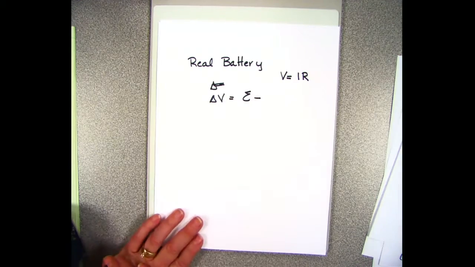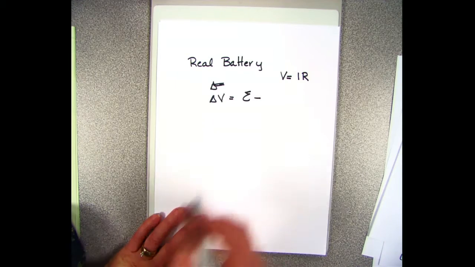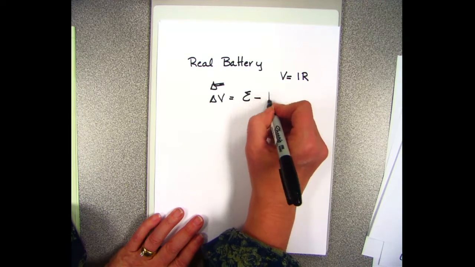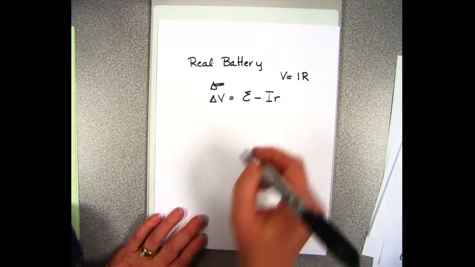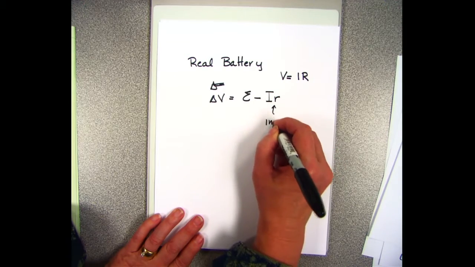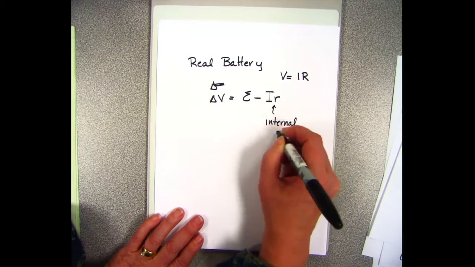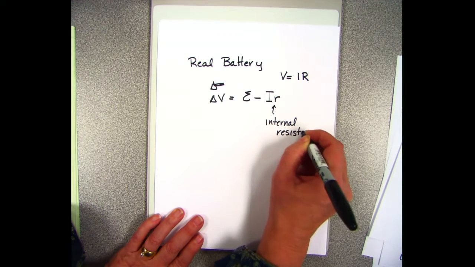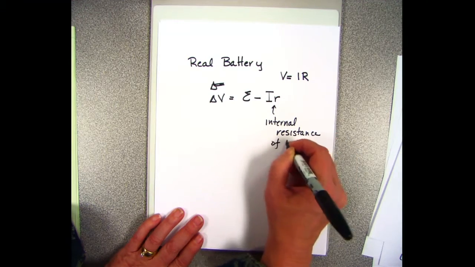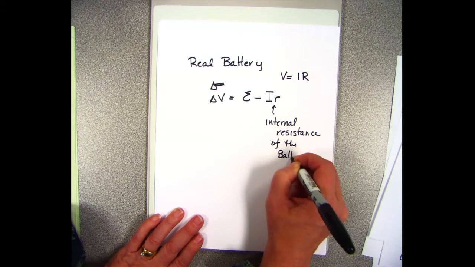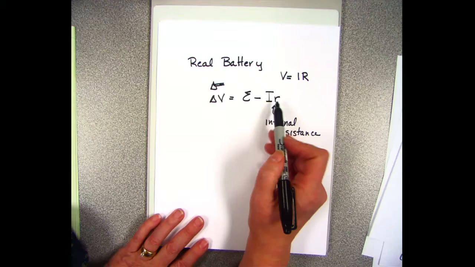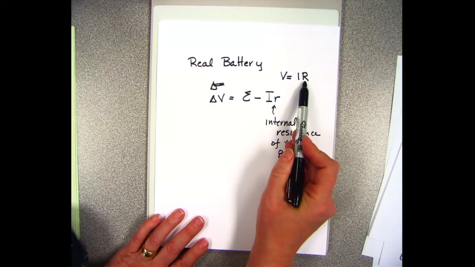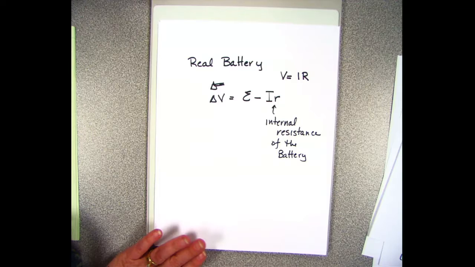My change in potential associated with my battery is going to be the electromotive force minus whatever current is going through my battery times what we're going to use as little r, where this is known as the internal resistance of the battery. So we use this little r to mean the internal resistance. We use this R to mean the resistance of the circuit.